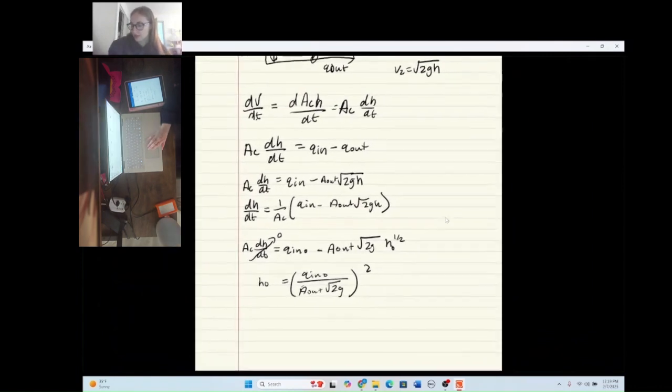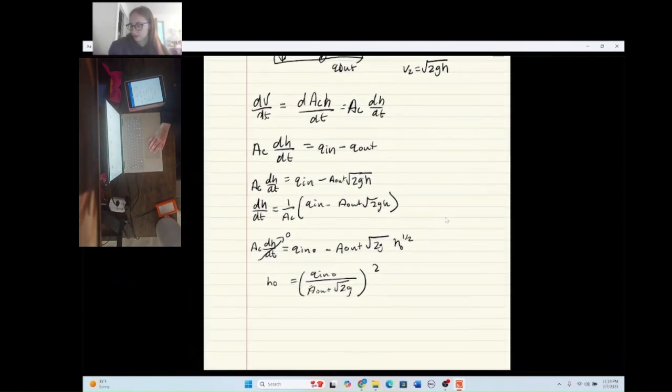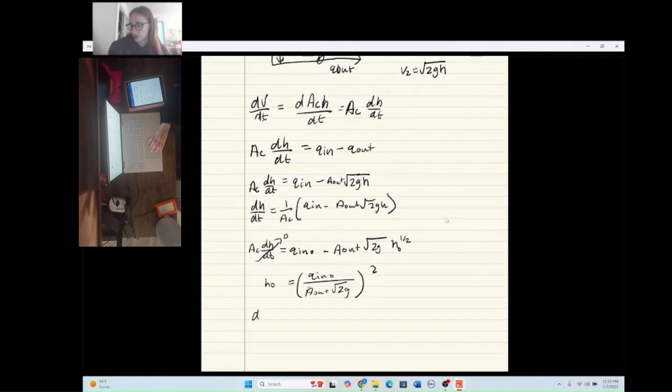So we have dH/dt, and we have 1 over Ac and Qin minus A out square root of 2gh, right? So what we want to do is we're just going to change that to the change in height and the change in time.